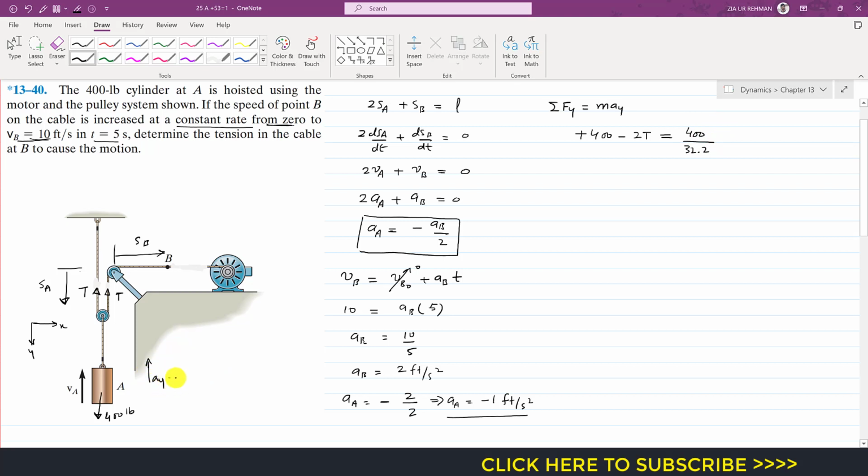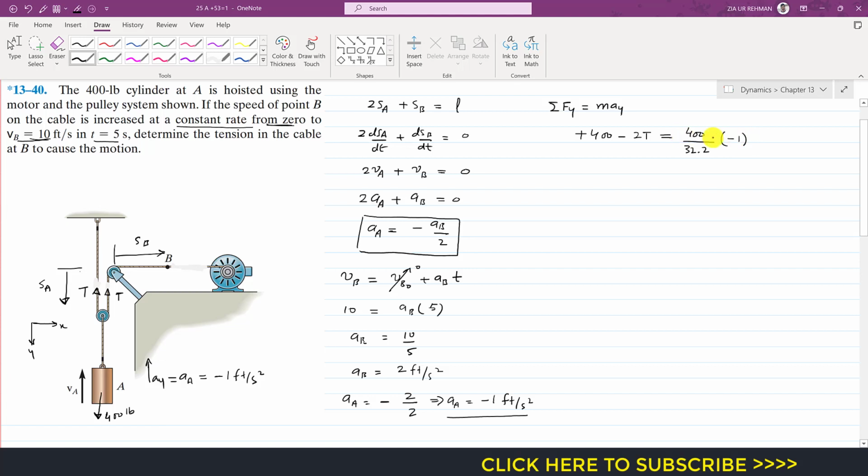As we know, the acceleration of this cylinder is AA, which is minus 1 feet per second squared when point B is moving in the positive X direction. So we can write that AY is equal to minus 1.